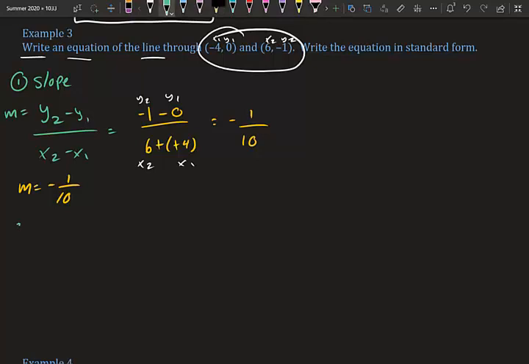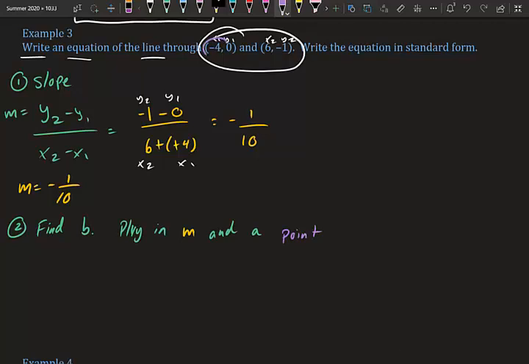Alrighty, our second step, we need to find b. To find b, we plug in m and the point. Since we have 2 points, you pick any point you want to.